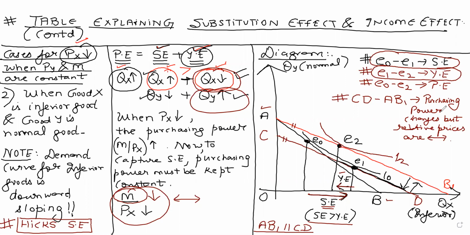That is why you can see that both these budget lines are parallel to each other, because when you're moving from the budget line CD to the budget line AB1, purchasing power is changing, but your relative prices are constant. So that means movement from the budget line CD to AB1 captures the income effect.